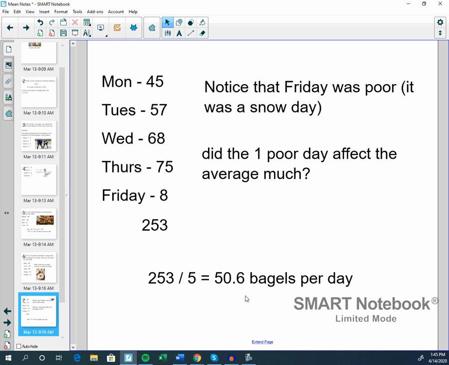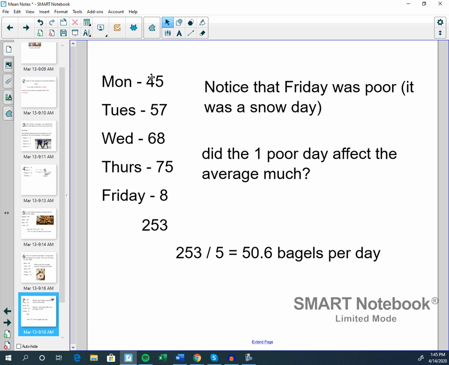Did this one day affect the average much? Let's just have a look here. 45 is just below 50. 57, 68, 75. Is 50 the middle? Or if it wasn't a snow day, would that average be higher? And the answer is yes. Without that 8 in there, it's probably 60 something, 65, right?